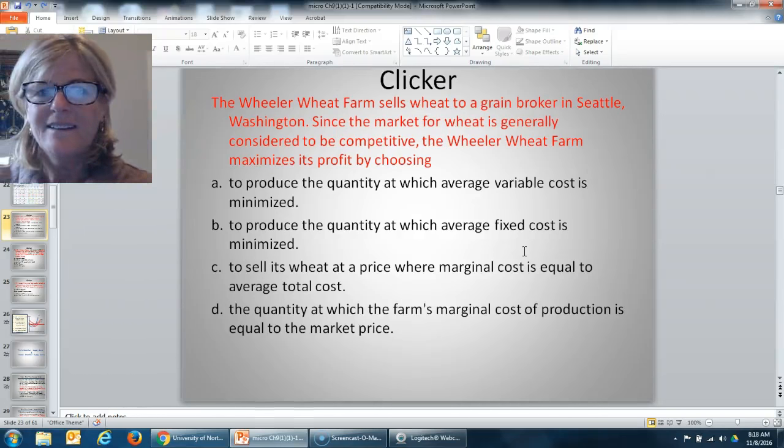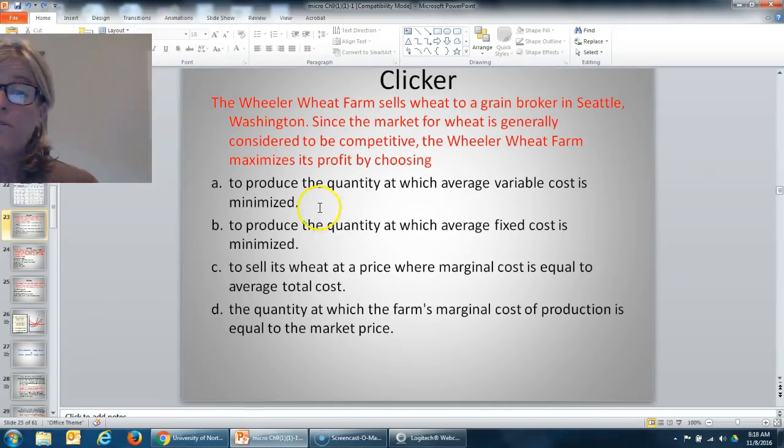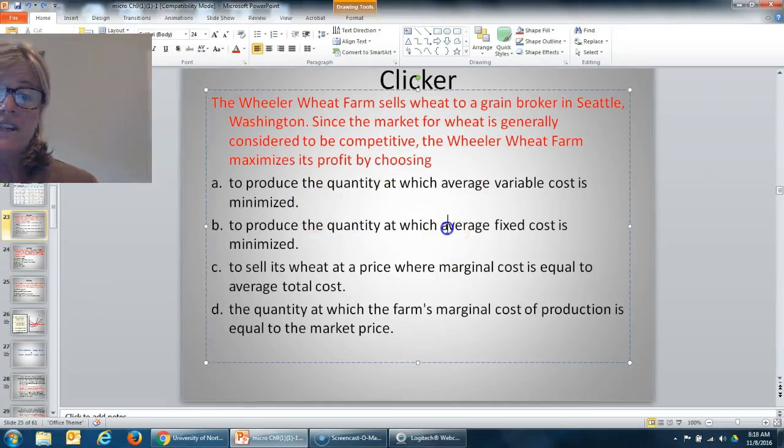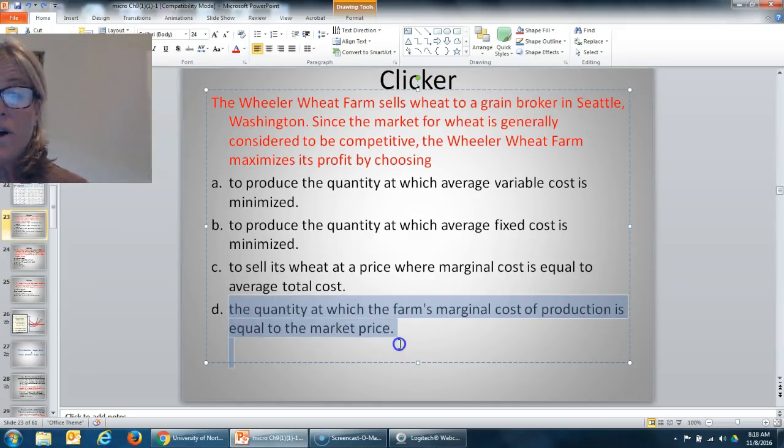Yes. Before you took this class, you would have said, well, you're going to minimize average variable cost, or produce where average fixed cost is minimized. After this class, what you know is that the quantity at which the farm's marginal cost is equal to the market price, marginal revenue equals marginal cost, that's your Q star, and they will maximize profit.